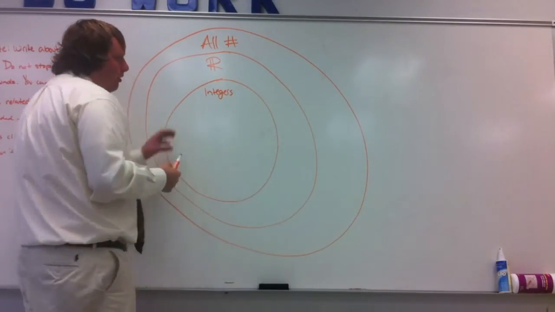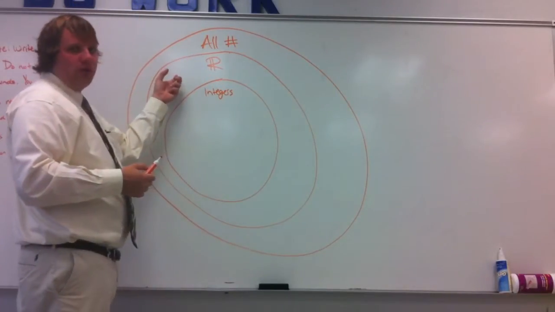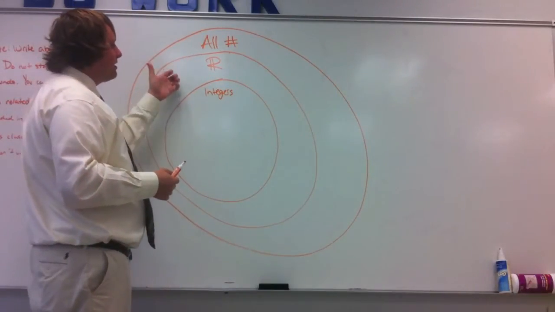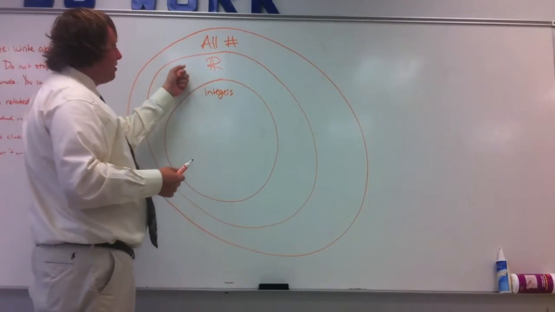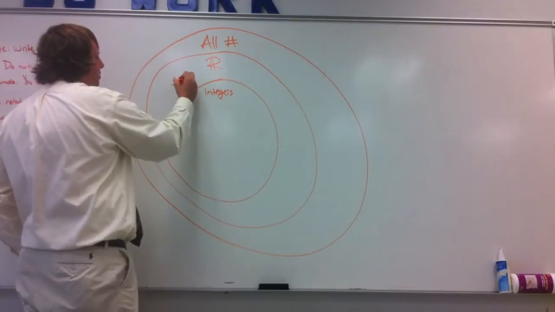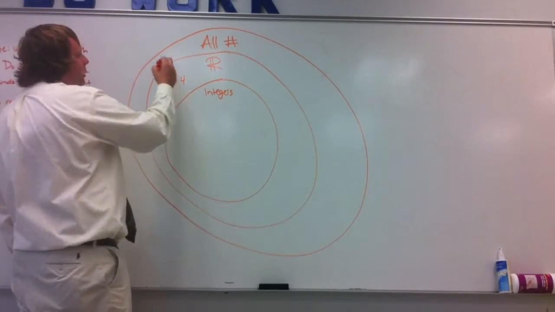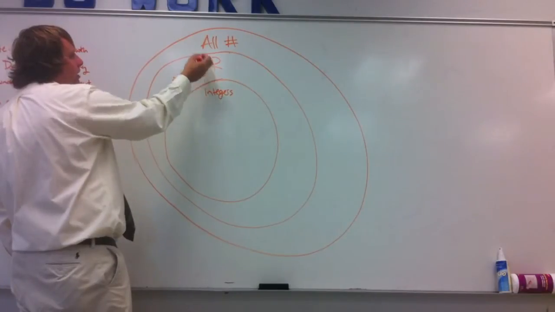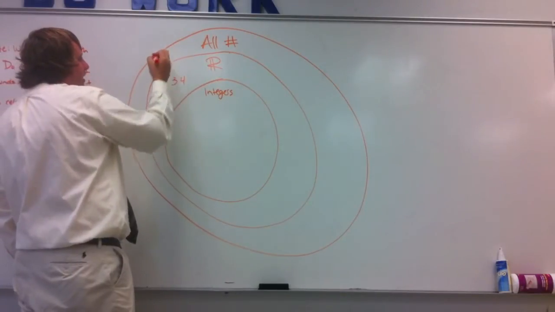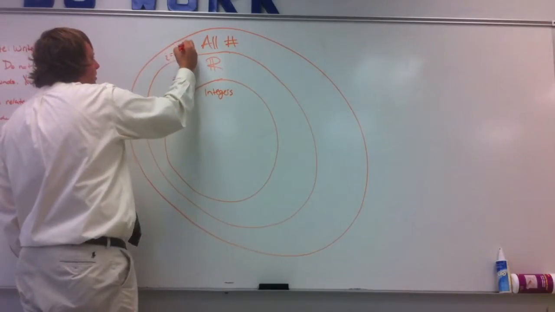Okay? Numbers that would be in real numbers but not in integers would be something like a 3.4. Right? 3.4 has a decimal, so it's not an integer, but it is a real number. So it would be here. Okay? So we can say 3.4 is here. Okay? As I said earlier, a number that's not real but it is a number would be i, okay? Which equals the square root of negative 1.